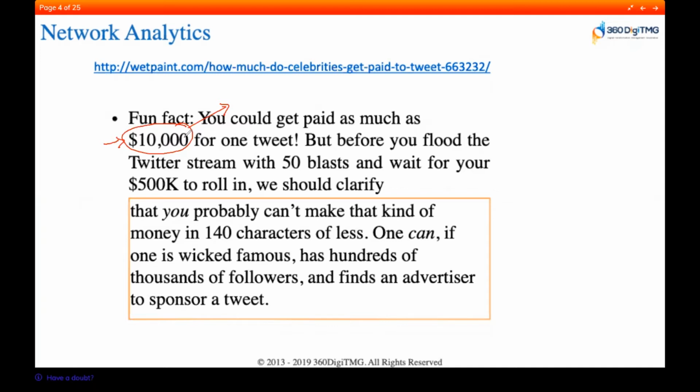Let's say I own a digital marketing company. I need to post something as a promotion or an ad. In order to reach this promotion or ad to the maximum number of people all over the world, what should I do? Let's say I'm using Twitter.